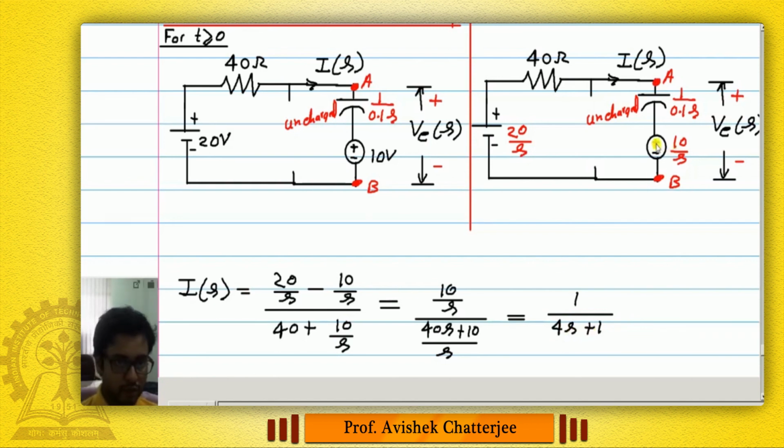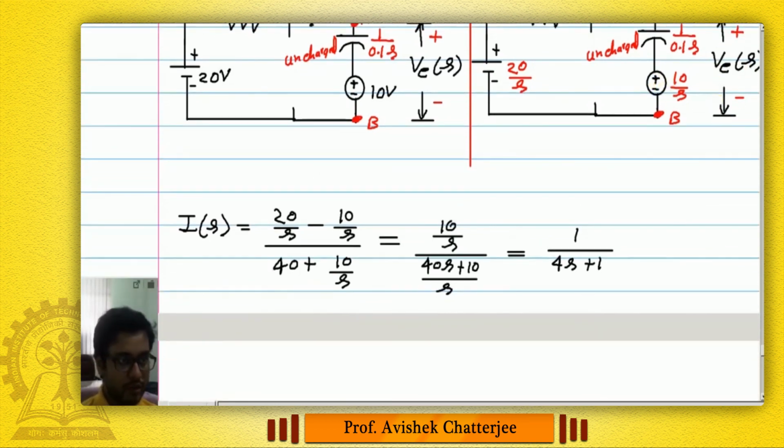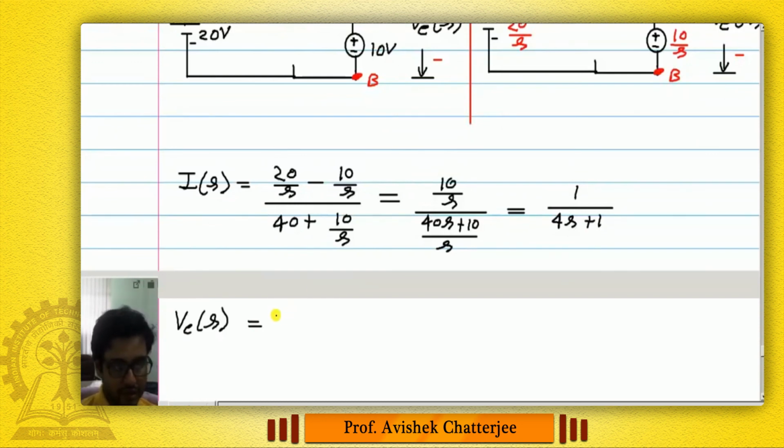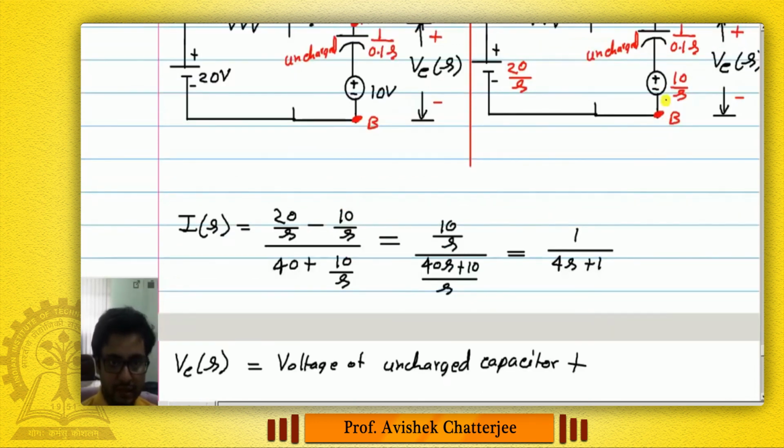Okay, now we want this voltage VCS. VCS is equal to the voltage across the uncharged capacitor plus this 10 by S source voltage.